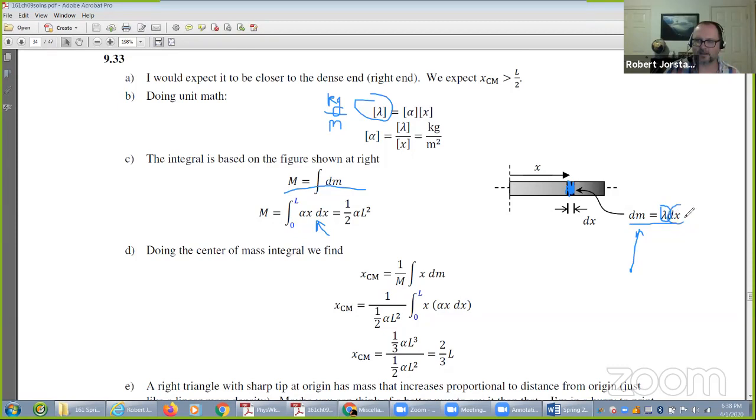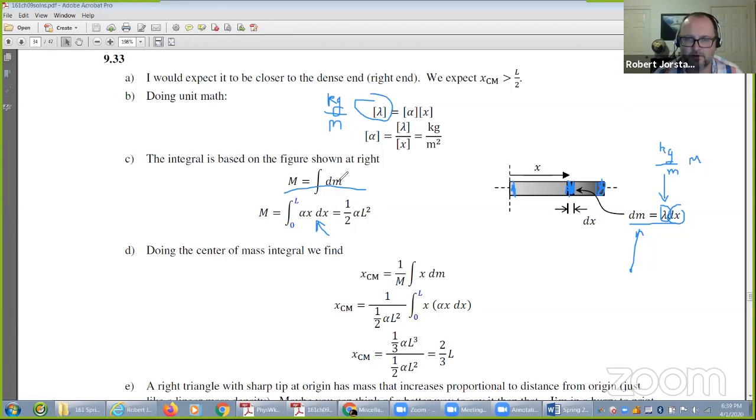Again, remember, it's the kilograms per meter of that slice times the meters of that slice, right? What gets tricky here is each slice has a different mass. This one has almost none, and this one has a lot out here.